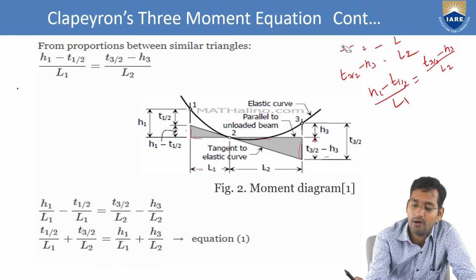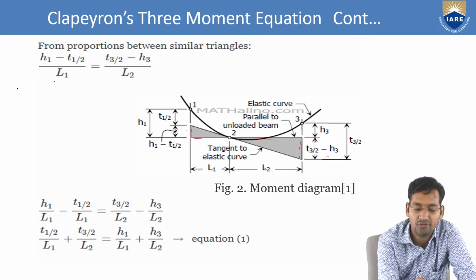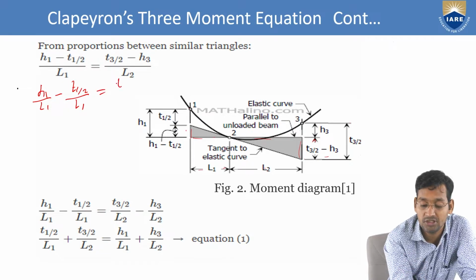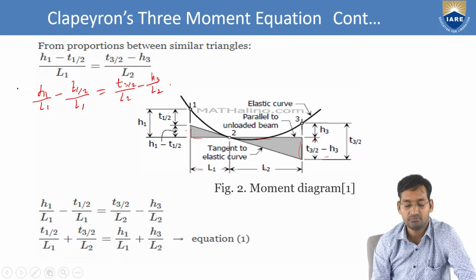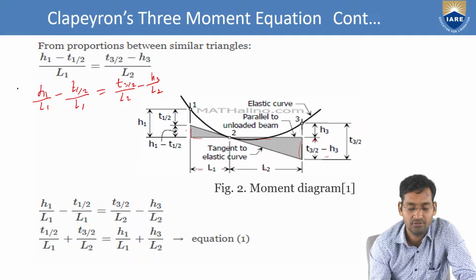Now next what we will do, we will just separate the terms. So from here, we can write H1 by L1 minus T1 to 2 by L1 is equal to T3 to 2 by L2 minus H3 by L2. Now T terms one side, H terms one side we are taking.